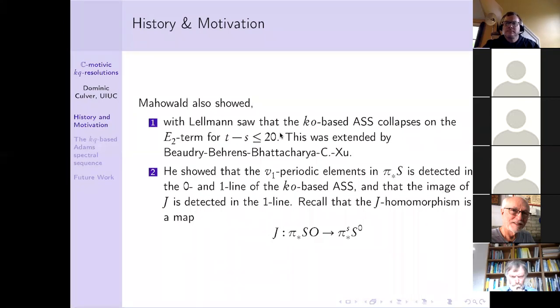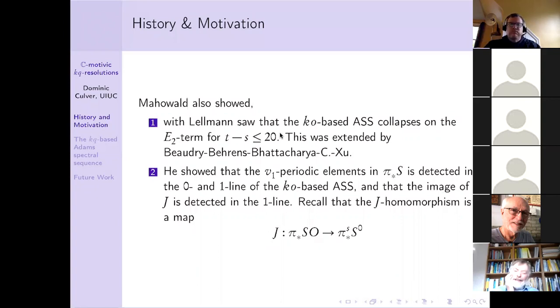And then I did some work with Beaudry, Behrens, Bhattacharya, and Shu, and we redid these calculations and extended them, and we saw similar sort of things. So it's also like a computational device.